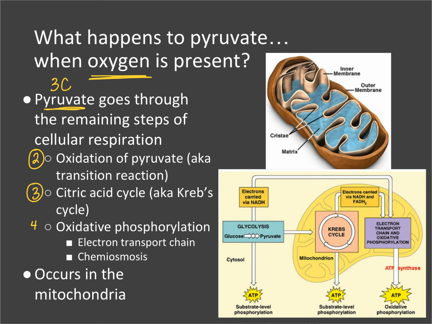And then last but not least, it's going to go through oxidative phosphorylation, which involves the electron transport chain followed by chemiosmosis. Now, in addition to needing oxygen, these steps also require mitochondria in order to occur. So we're going to be talking about the specific areas of the mitochondria where these different reactions occur and why that's important.